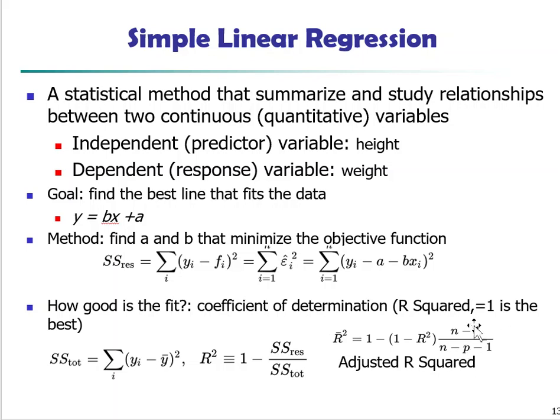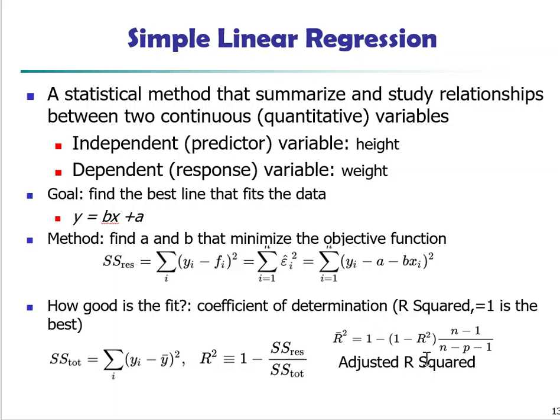As you can intuitively see, the greater the p, the smaller the adjusted R squared is going to be, to account for the fact that those added variables could just be accidental powers to explain the dependent variable.